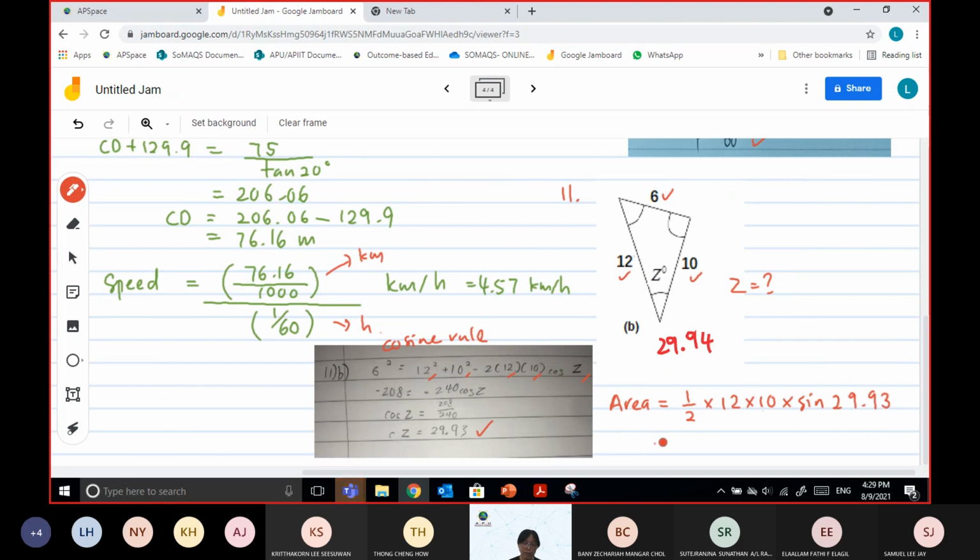Sorry, my mistake, this one is the angle. So your answer is 29.94. It so happened that the answer for the area is very close to the answer for the angle. So you find the area.